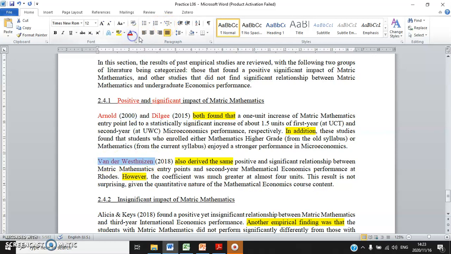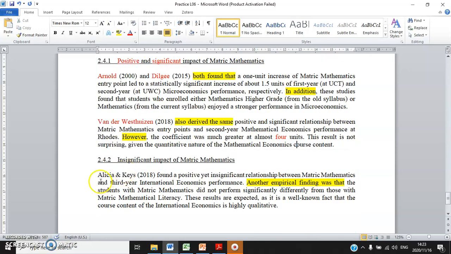For Van der Westhuizen, I'd recommend you write a separate paragraph because of the much greater statistically significant impact. Remember, the parameter is 4 units. And then I recommend you have section 2.4.2 to discuss the studies, only one actually, with insignificant impact of matric mathematics. So I'm going to pause for 1 minute, and then I'll wait for you to be ready before we go through the proposed answer.